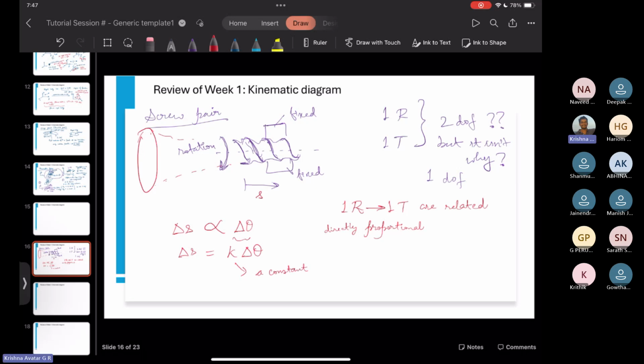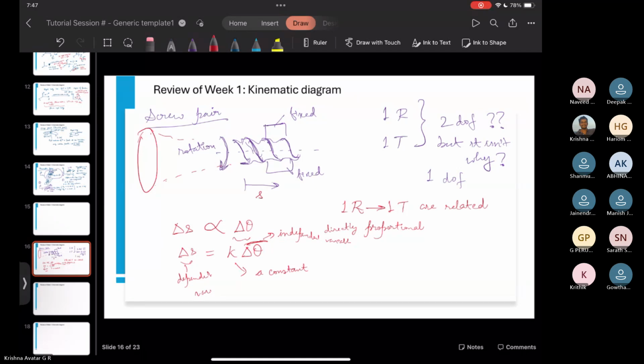So we have delta theta as the independent variable if we go by calculus, and delta S is the dependent variable. Only independent variables are considered to be degrees of freedom.